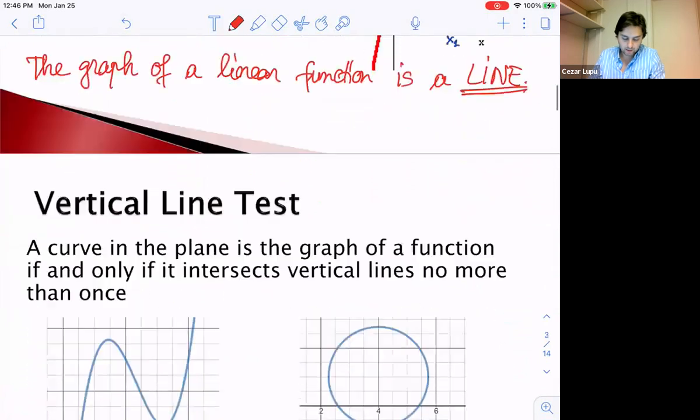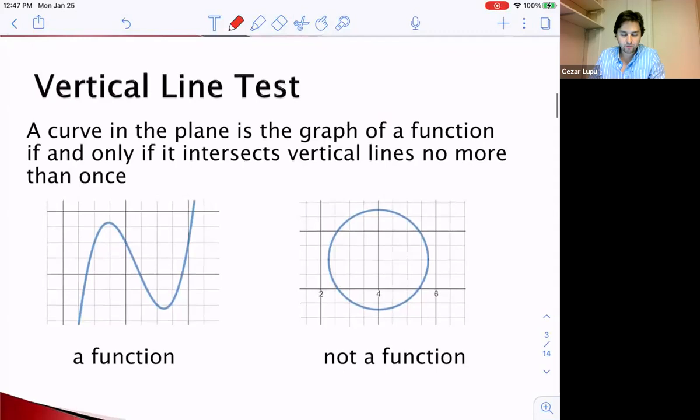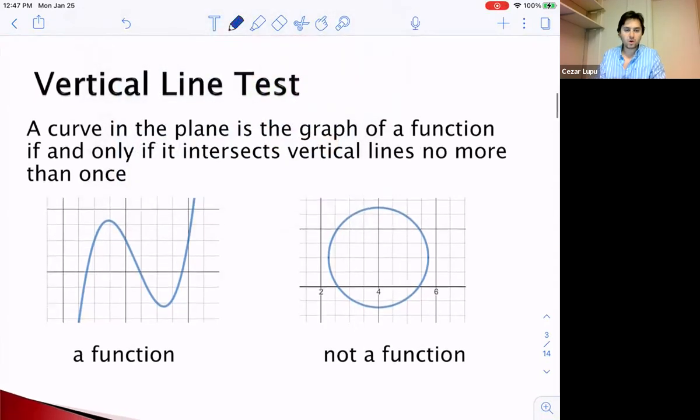Now, how do we know that the graph of something represents a function? You see, there is the so-called vertical line test.